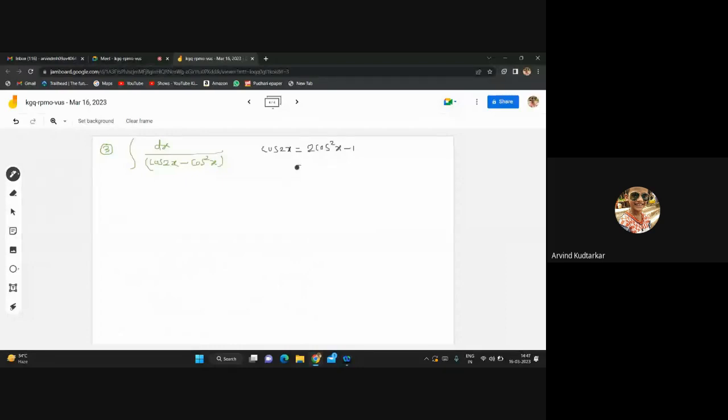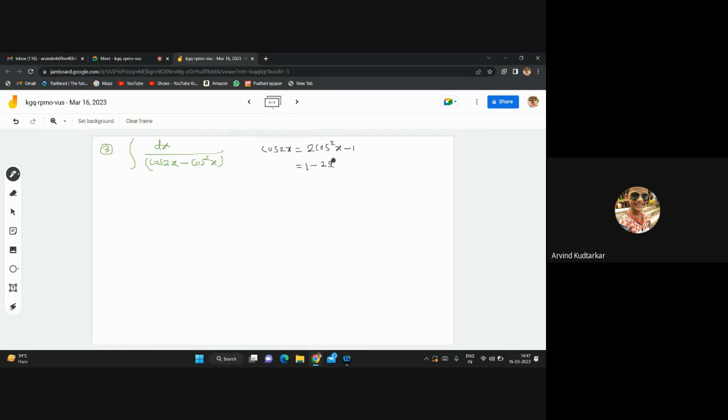What is the second formula? 1 - 2 sin² x. So cos of 2x is 2 cos² x minus 1 and 1 - 2 sin² x. Okay, not cos².